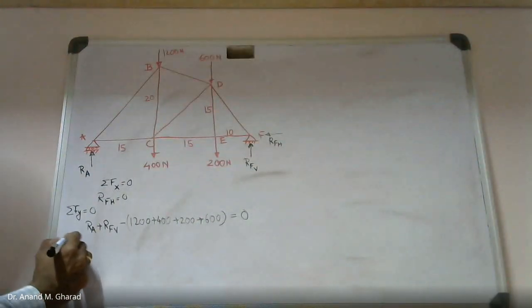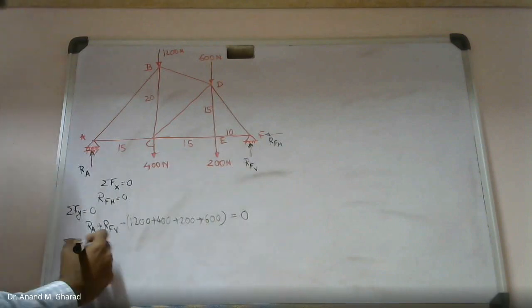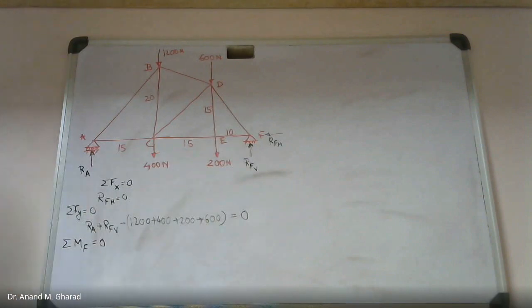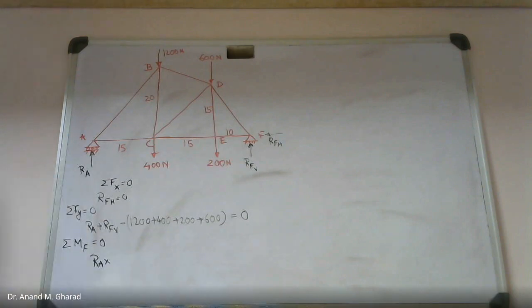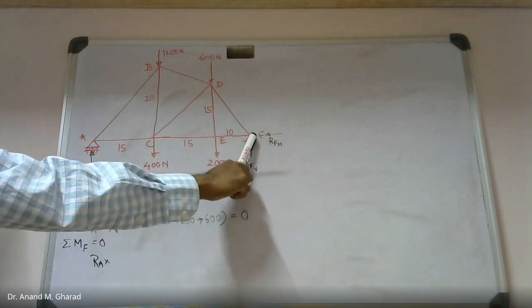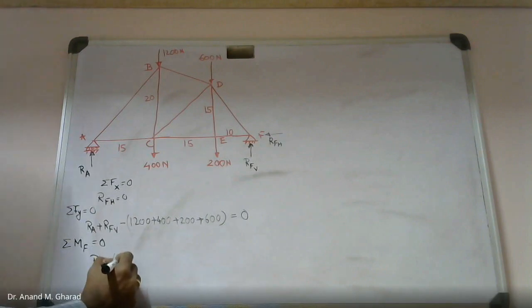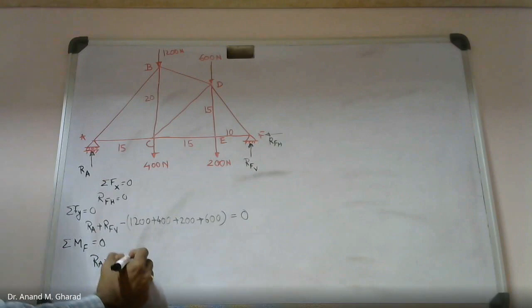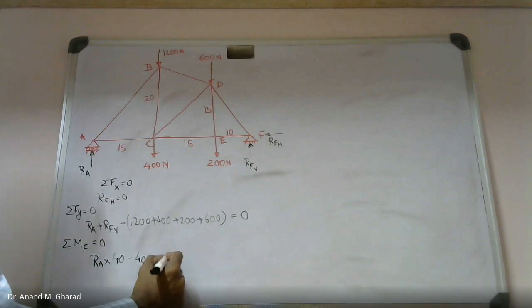Then summation of moment about, let's say, point F, equated to 0. So RA into what will be the perpendicular distance? I'm taking moment about point F, 40. Then minus 400 into, will it be 25?